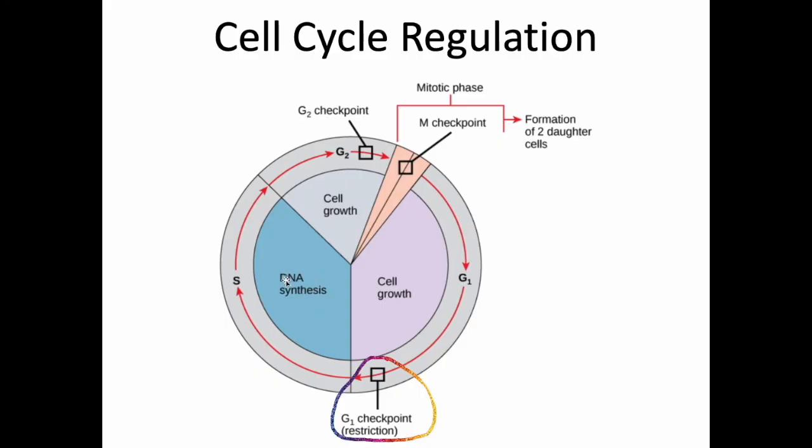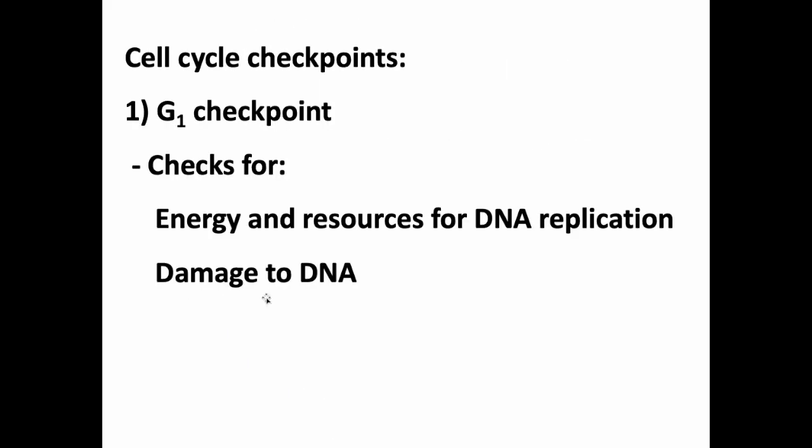That takes a lot of energy to replicate DNA. That takes a lot of raw materials, a lot of nucleotides. You don't want to start this process if you're not ready to see it through. So the G1 checkpoint is going to check for this and is going to hold things up and pause that cell in G1 until it's actually ready to go forward.